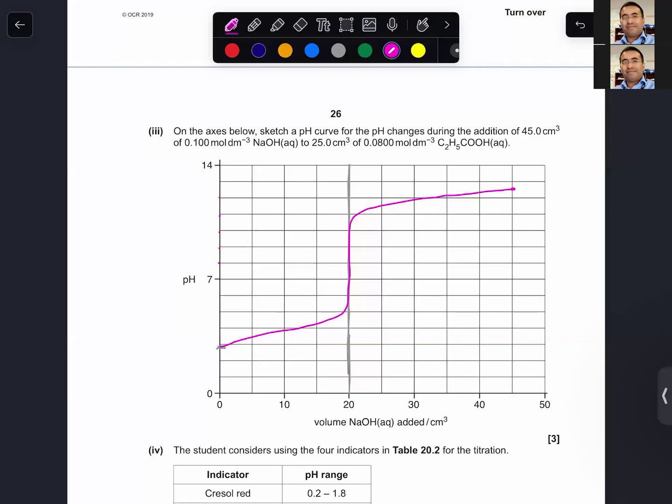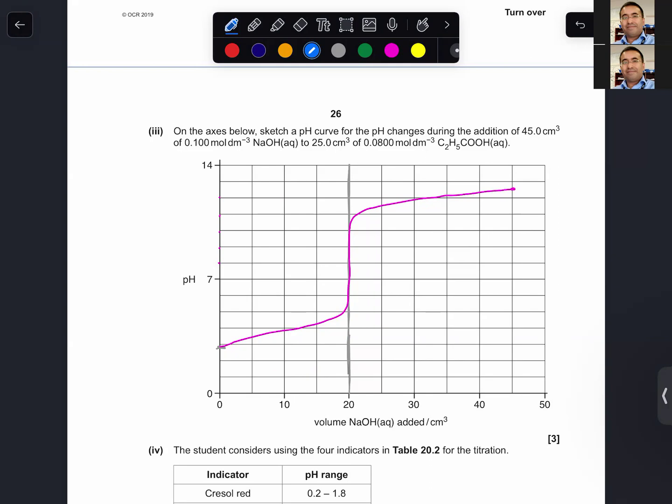Something like this. Because this is a weak acid and a strong base, the shape looks like this. If it was a strong acid, strong base, it would look something like this. But we're dealing with a weak acid, so you've got something like this.